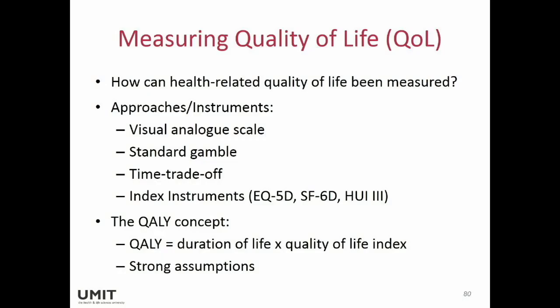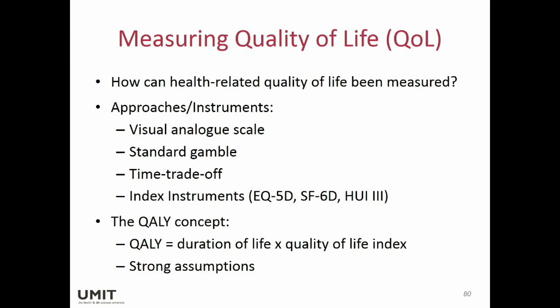the question is, how can health-related quality of life be measured? And here, in the beginning, you already saw one method. What was it that Uwe showed to you to elucidate the utility values? It was the time trade-off method. Yeah?